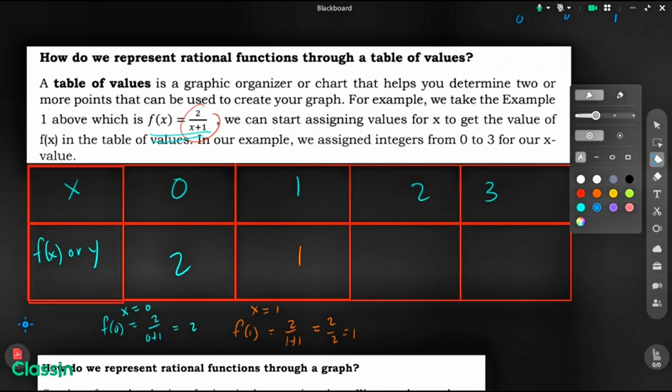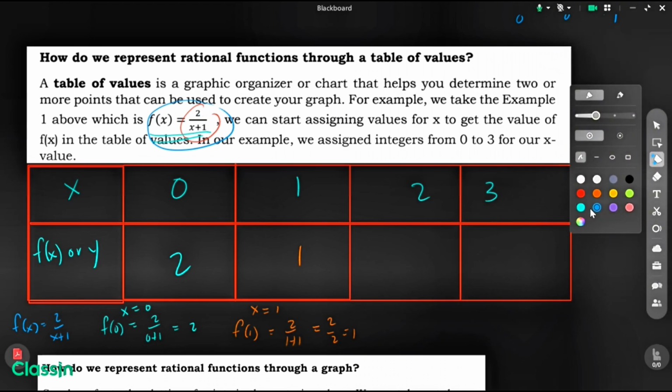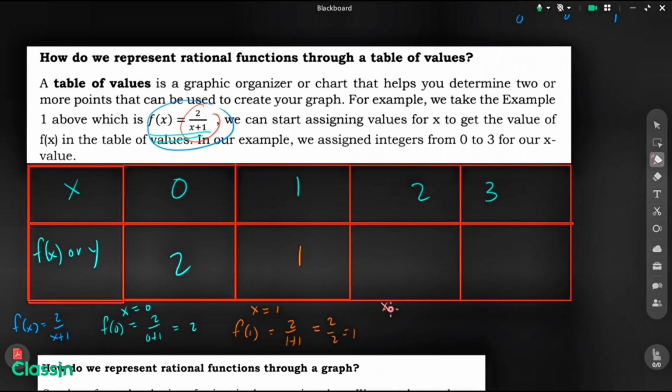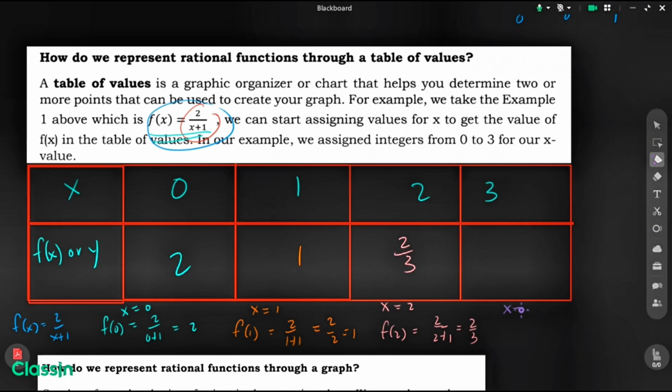Again, we are going to use f of x equal to 2 over x plus 1 because that is the given example. What about x equal to 2? F of 2 is 2 over 2 plus 1, which is equal to 2/3. Now for the last x, or the last domain, the domain is 3.